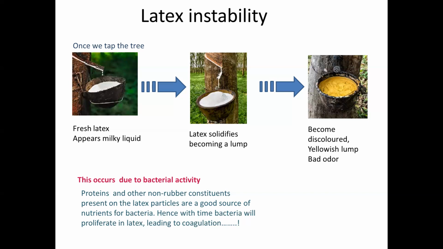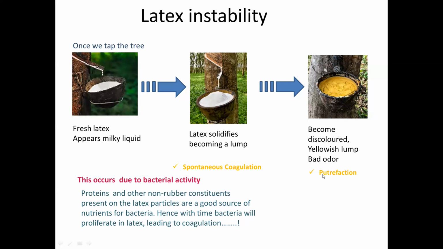These acidic constituents go and break the protein layer on the latex. If the protein layer is damaged, that means the surface charge is neutralized and the latex particles attract one another, aggregate and coagulate. So this first one, we call it spontaneous coagulation.